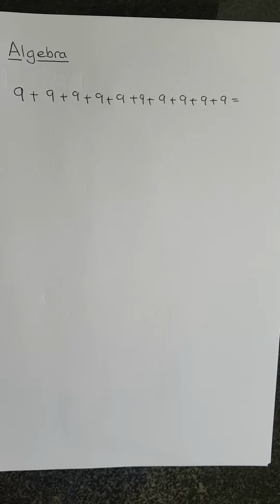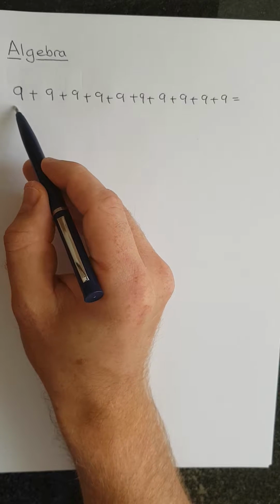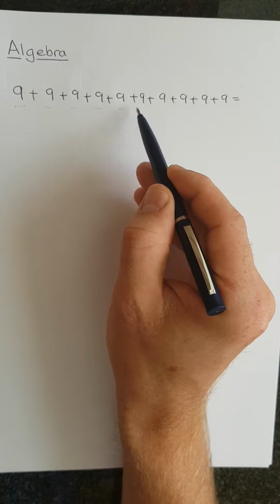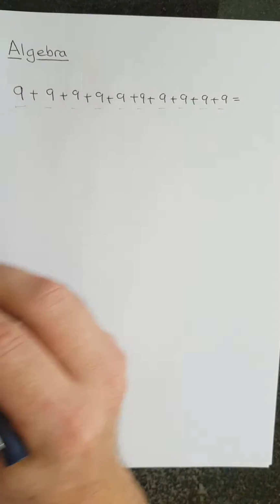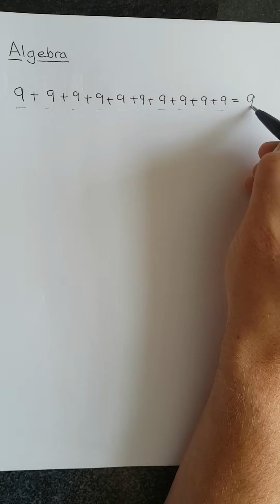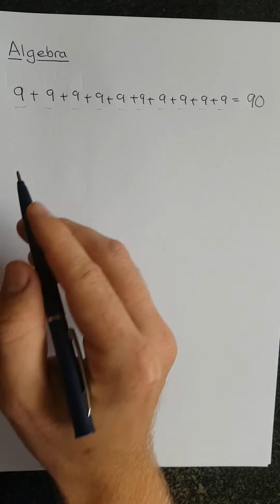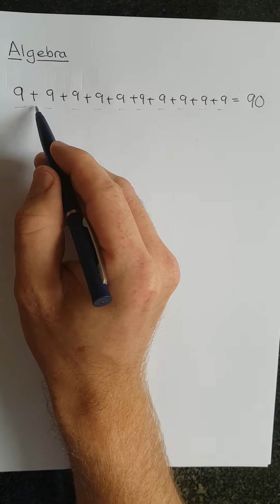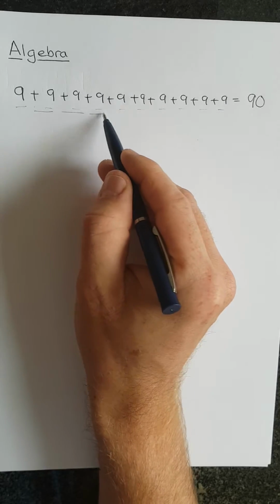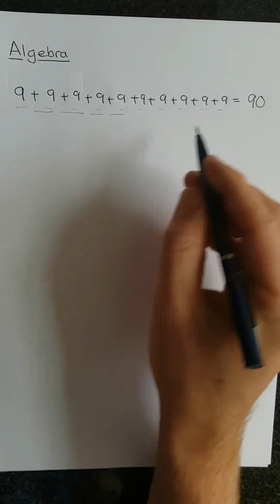How did the rest of you do it? Did any of you go, there are 10 of them, so it's 90? Well, you've recognised that adding on repeatedly is the same as multiplication.